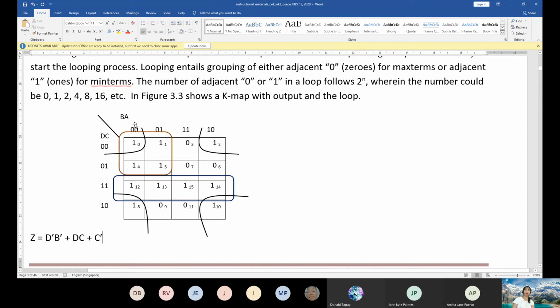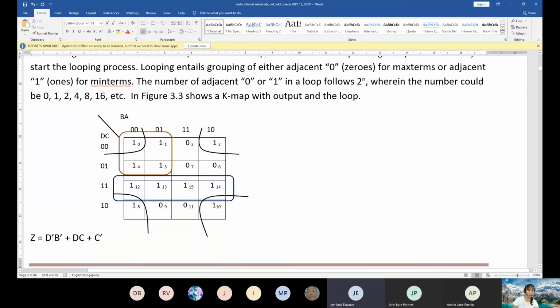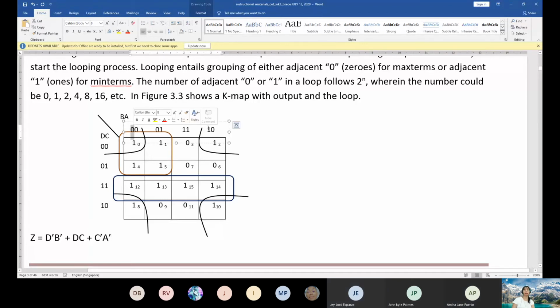Let's proceed to BA. We have two values, 0, 0 and 1, 0. Let's compare A: 0, so A prime, whereas B is 0 and 1, eliminate.